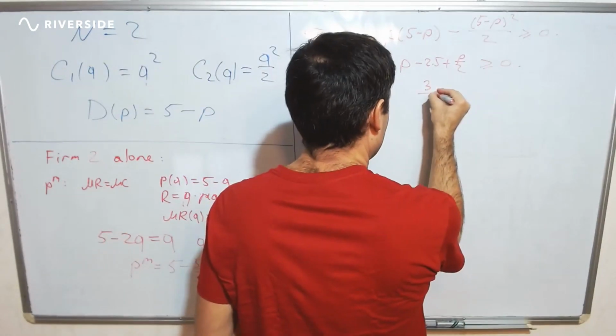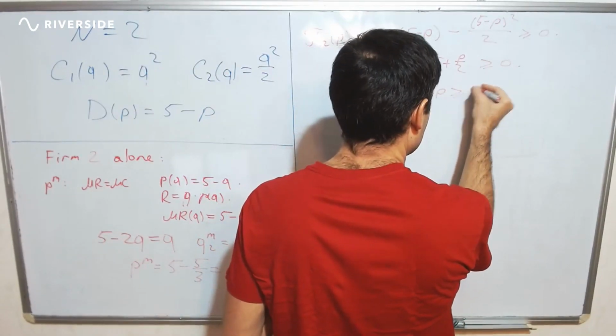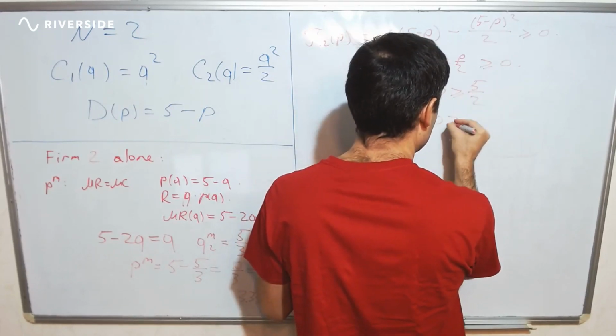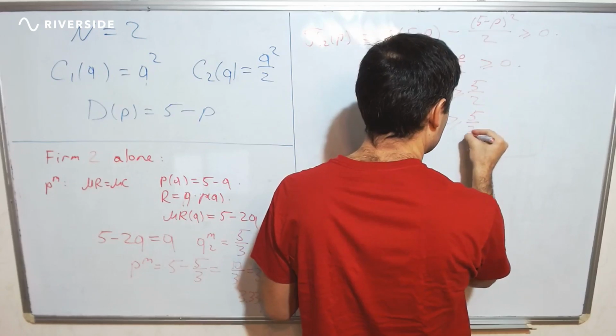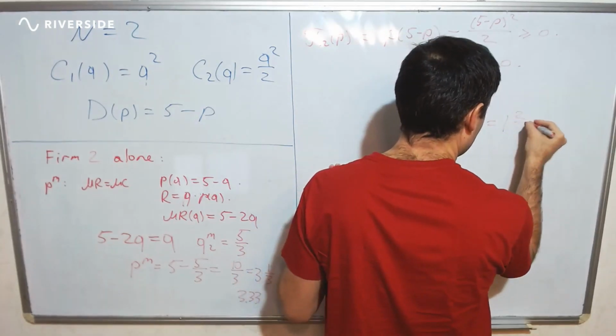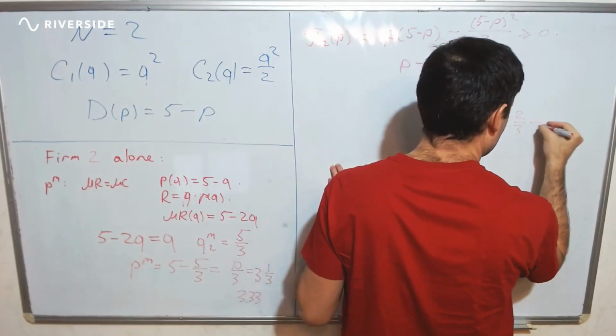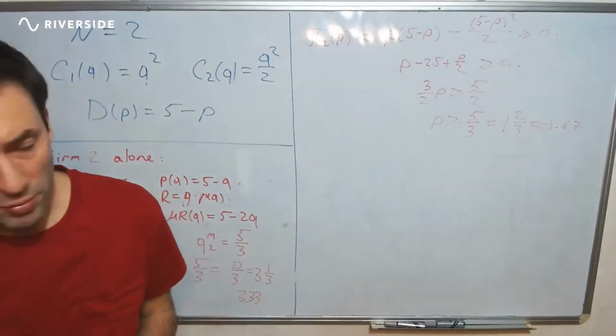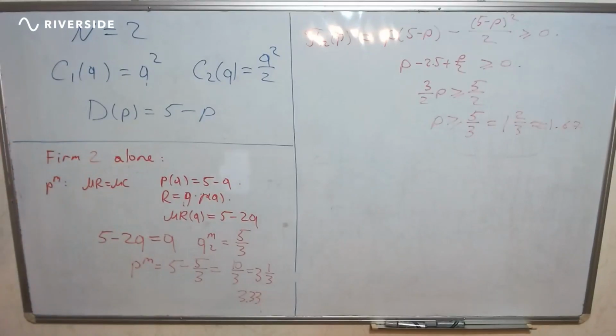We get 3 over 2 P on this side, and 5 over 2 on the other. So P must be greater than 5 over 3. So that's 1 2/3, which is 1.67. Okay, so that's the lowest price that firm 2 can sustain.